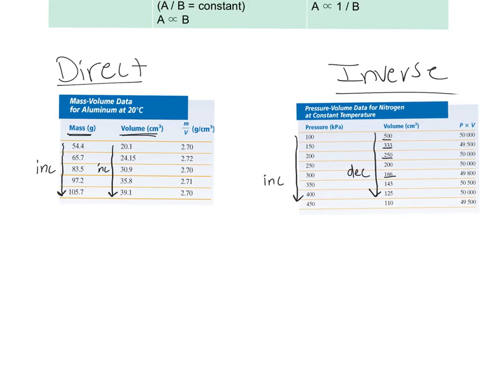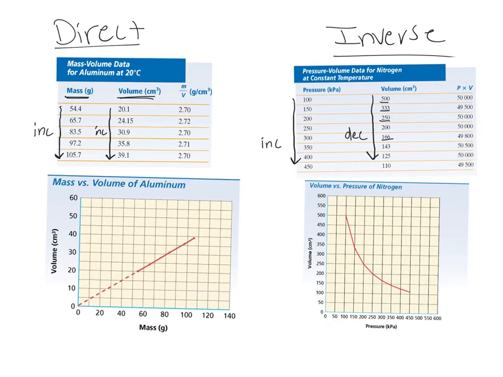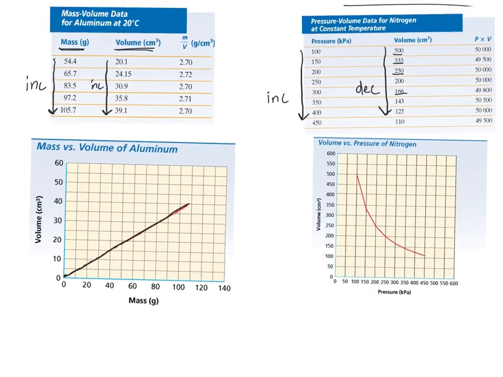Now, let's see what it looks like on a graph. When you graph a direct relationship, you will get a straight line that looks like this. If you notice, the straight line passes from the zero straight up. This is the relationship that you will get on a graph if you have a direct relationship.